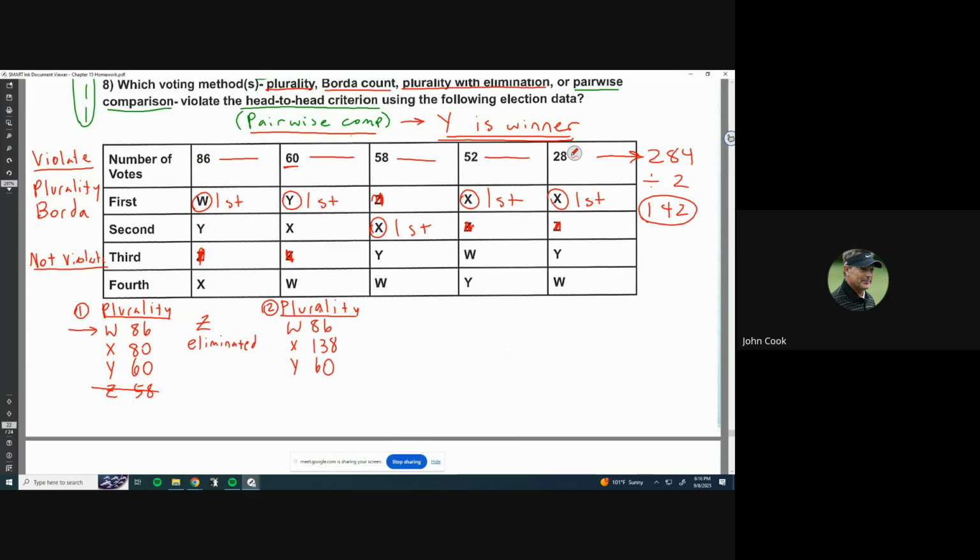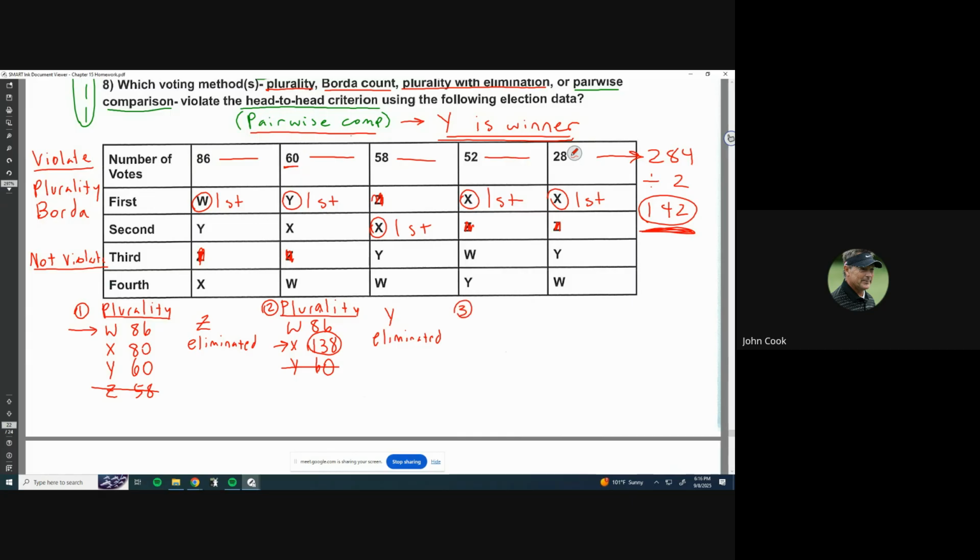Okay, so that means that the winner in this case is X, but they, again, don't pass that threshold of 142 because they only have 138. So that means that we got to do one more round and we eliminate Y as well. So now Y is also eliminated. And we go on to our next round.